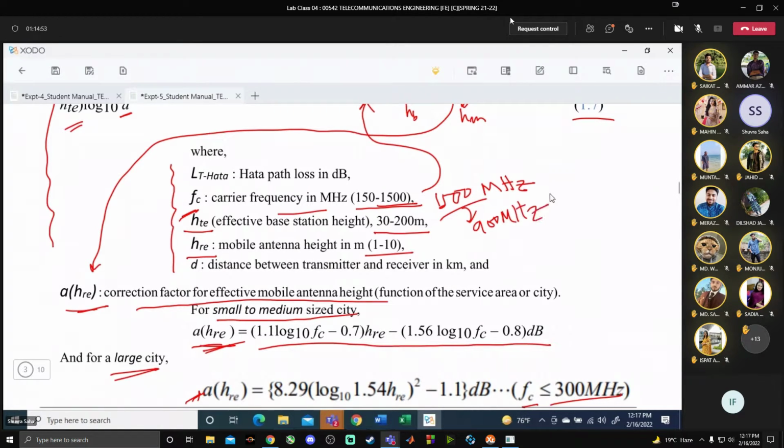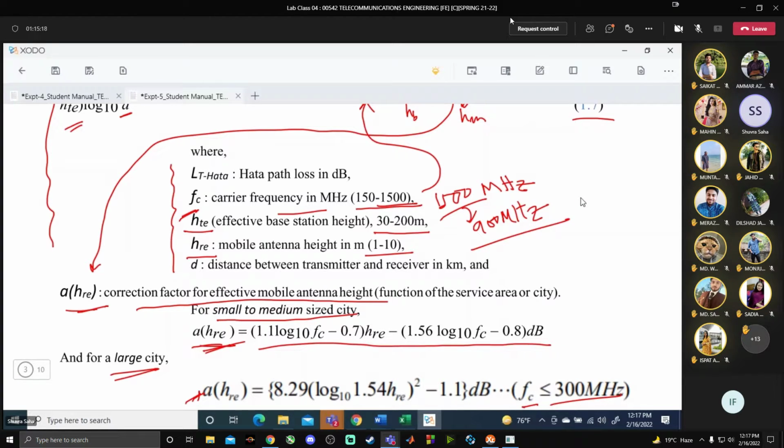You all know the name of the GSM system, right? You have heard of GSM? It's a second generation mobile communication system. In Bangladesh, Grameenphone started with the GSM system, the second generation system. Now we are getting 3G, 4G. So GSM first started with this range of frequency, 900 megahertz.